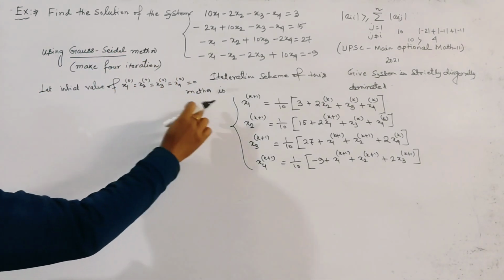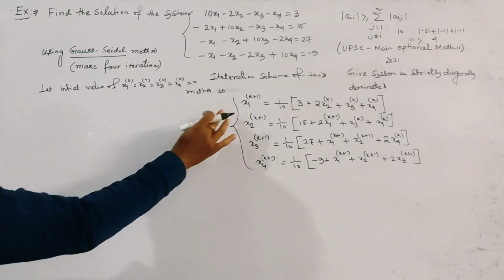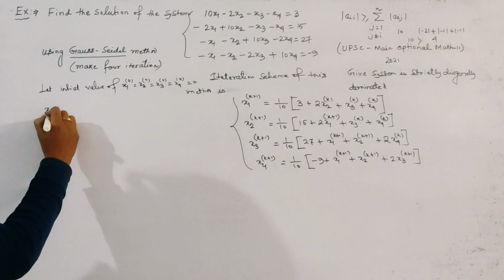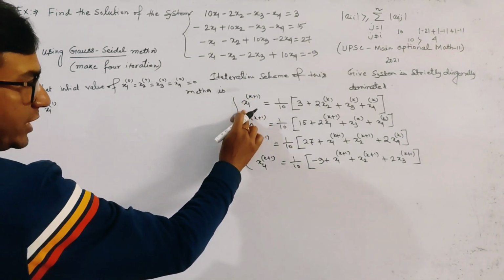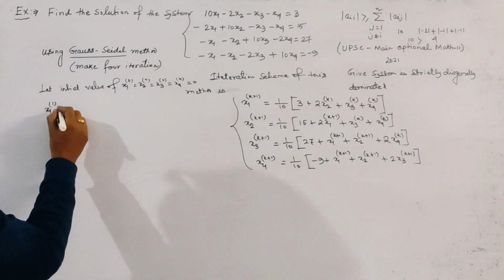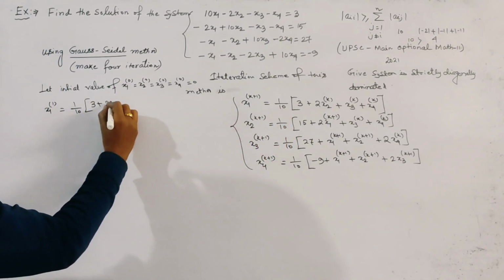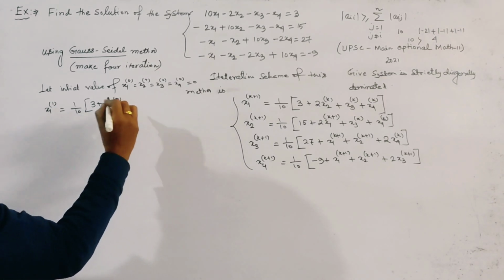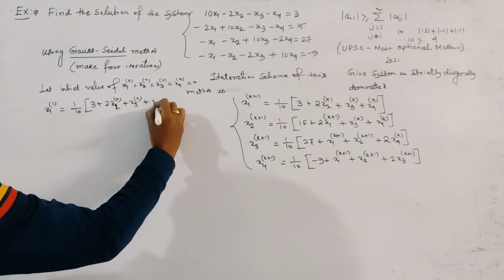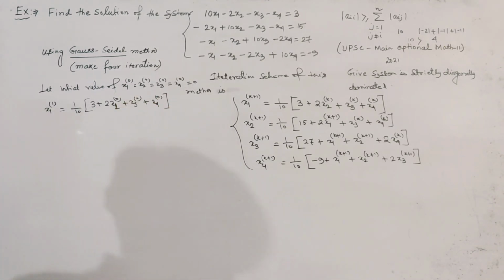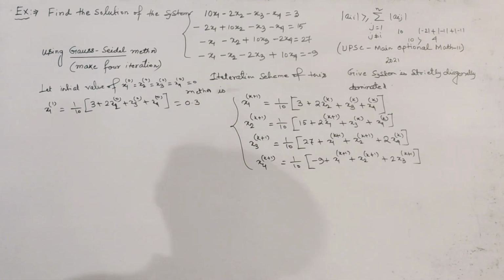Now putting the initial values of the 4 variables, we get the first approximation of x1, that is x1 1, because if we put k equal to 0 here, then we get x1 1, and the right side is given by 1 by 10 into 3 plus 2 x2 0 plus x3 0 plus x4 0. Okay, and by putting 0 0 0 we get this is 0.3.